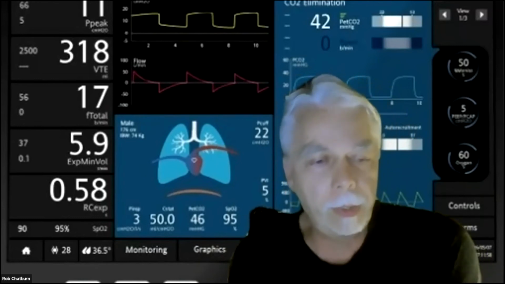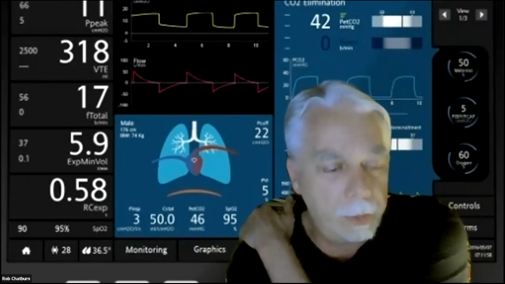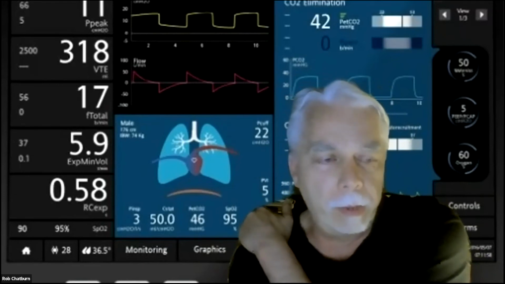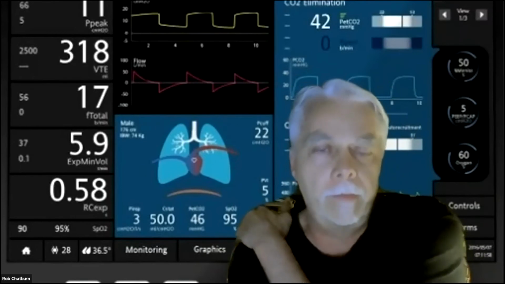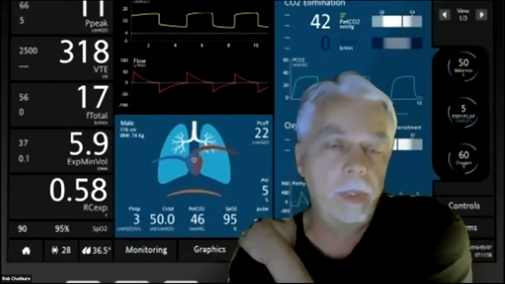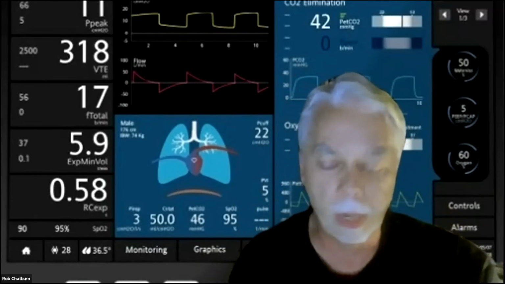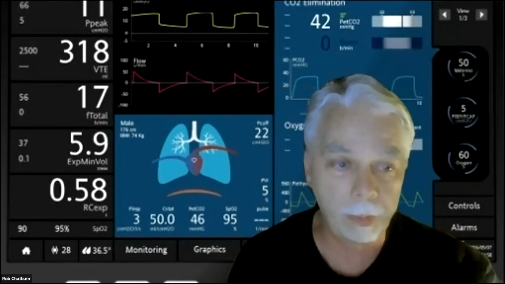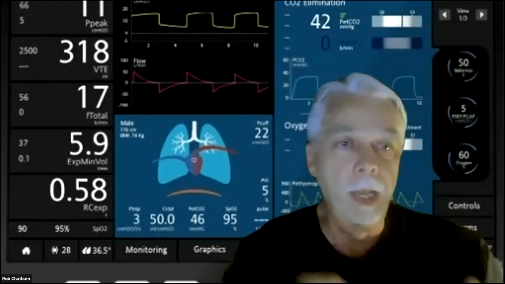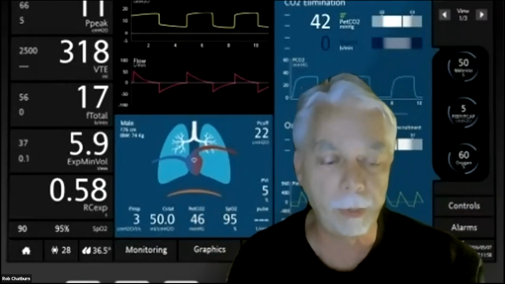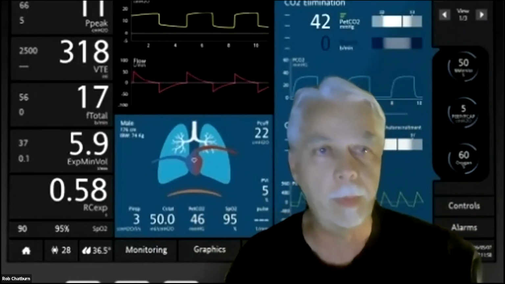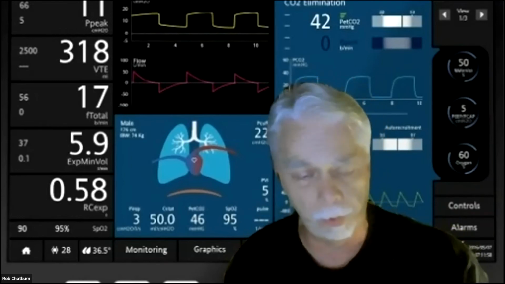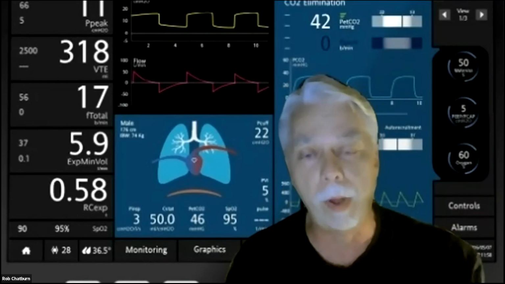In the current paper that he submitted, I did a validation of his mathematical models using the Ingmar ASL 5000 lung simulator, but it was set at a single compartment model. Now you can program it to do a dual compartment model, one with a normal compliance, let's say, and one with a very decreased compliance. I would think the next step would be to repeat the experiment, or the paper that's coming out, with that kind of model.